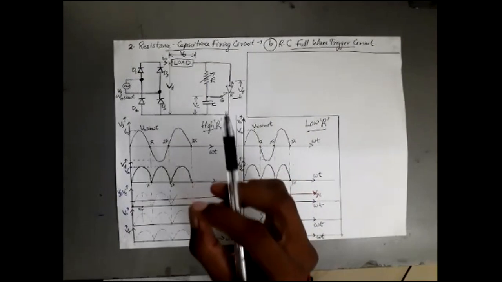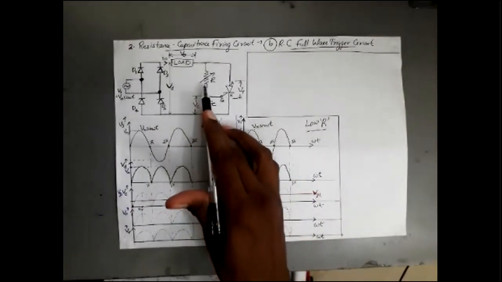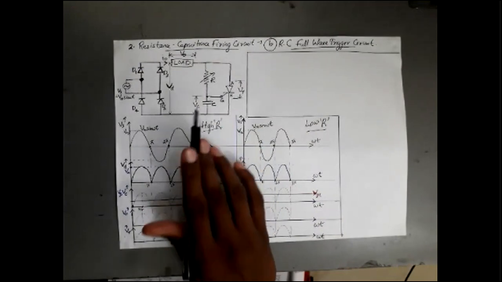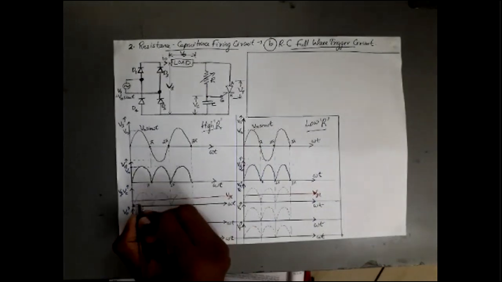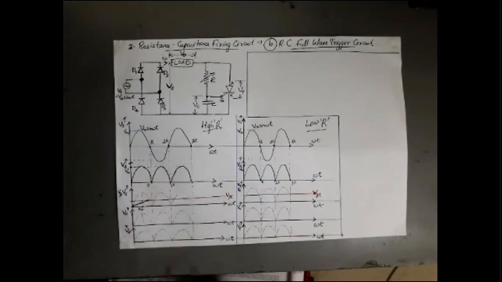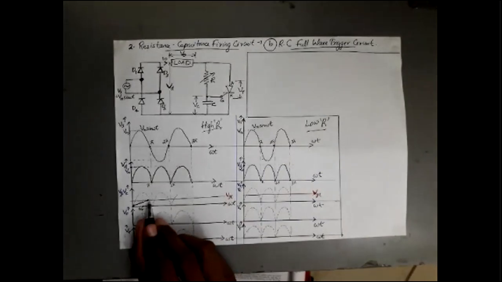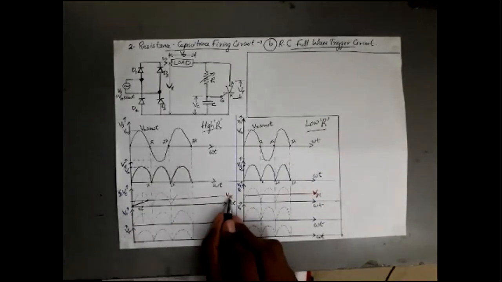Due to this very low charging current, the capacitor will be charging very slowly, so VC gets charged slowly, and this point will be the point at which my VC becomes equal to VGT. Then my SCR gets triggered.